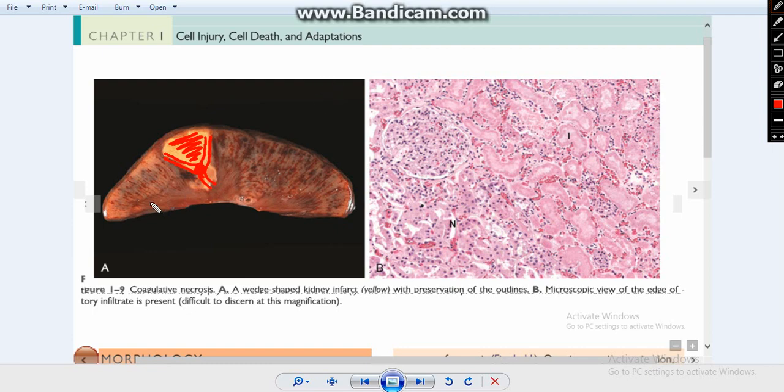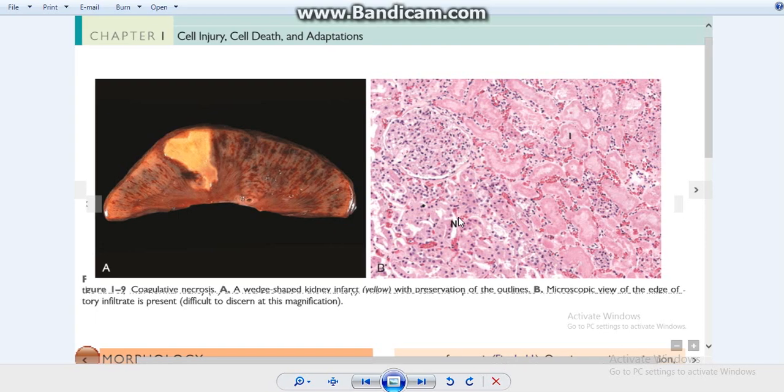Now, another important thing is that we should differentiate between a pale infarct and a red infarct.